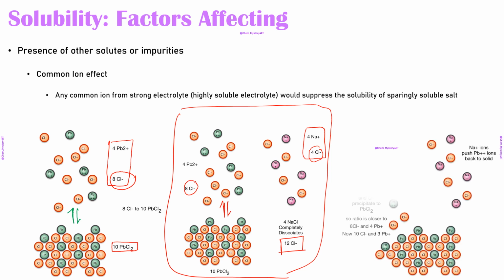So some of the lead ions are moving out of the solution. KSP for PbCl2 can be defined as the concentration of lead ions times the concentration of chloride ions squared.